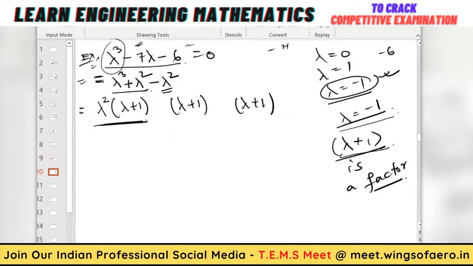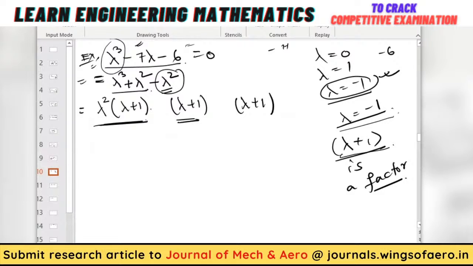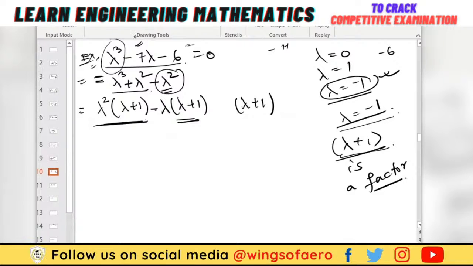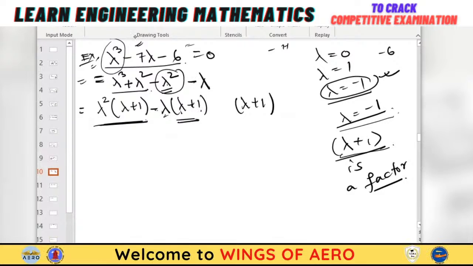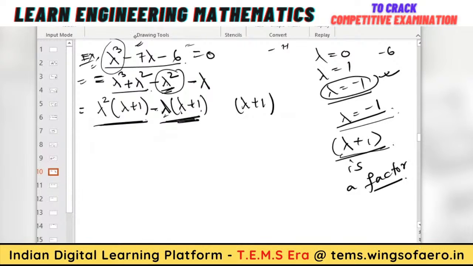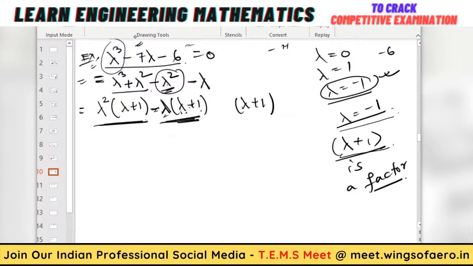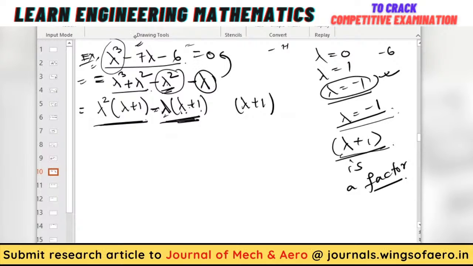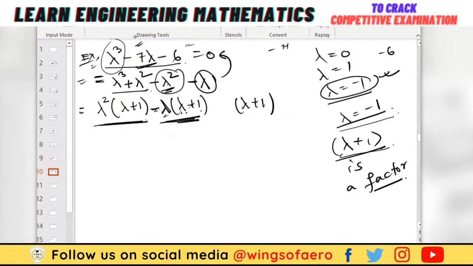Now minus lambda square is the new term here. So you balance it with minus of lambda. If I put minus lambda, then it becomes minus lambda square minus lambda. The whole multiplication is lambda square minus lambda. Now again you need to balance this lambda with this equation, where it is minus 7 lambda, and here it is minus lambda.